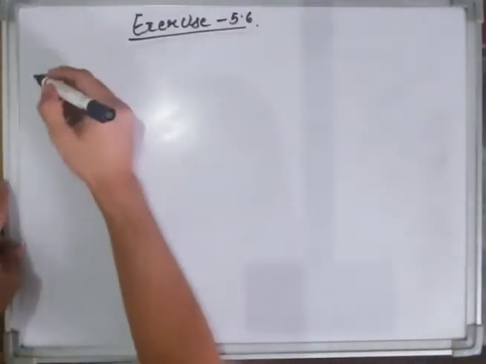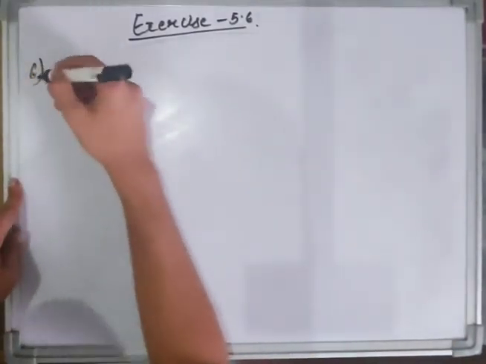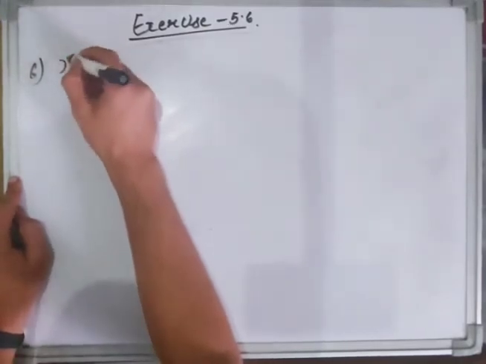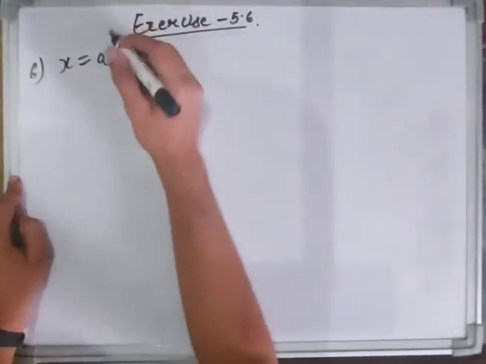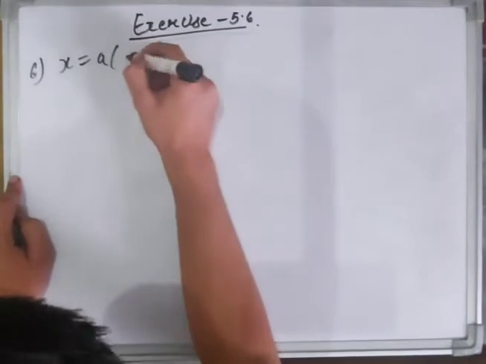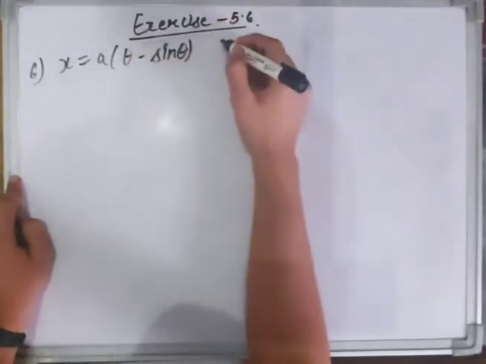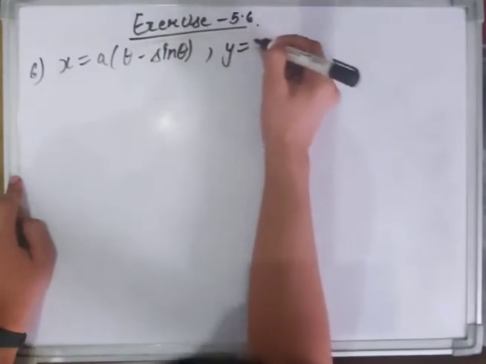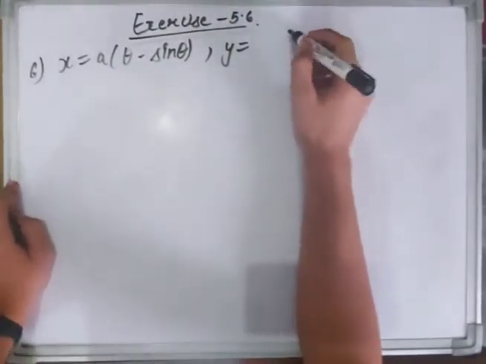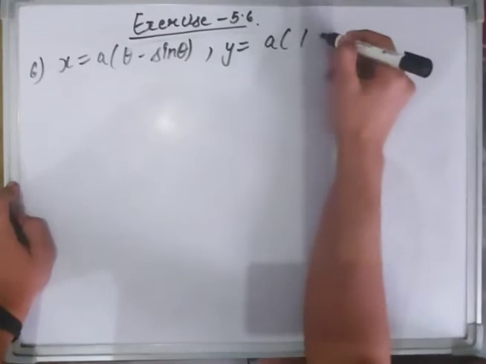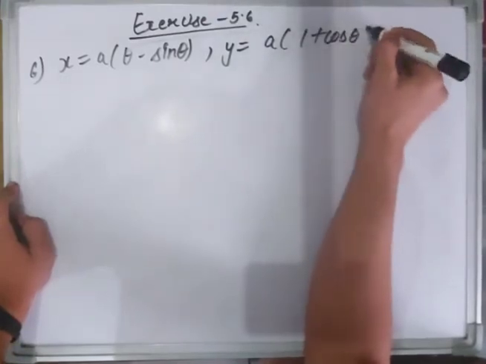Now move to our sixth question. We have x equals a(theta minus sin theta), and y equals a(1 plus cos theta).